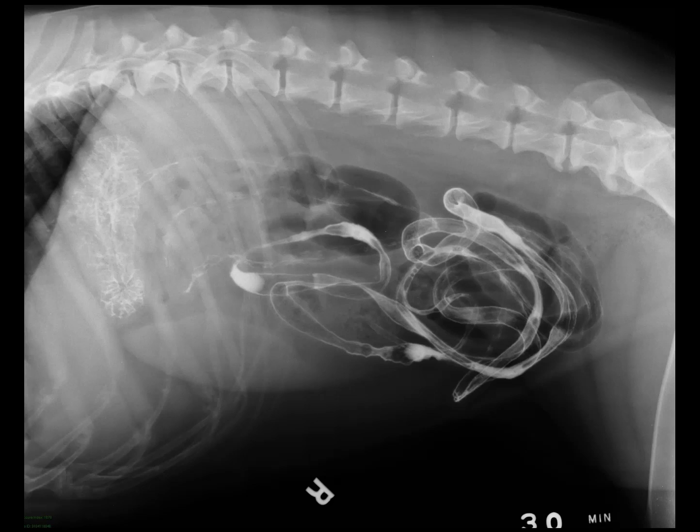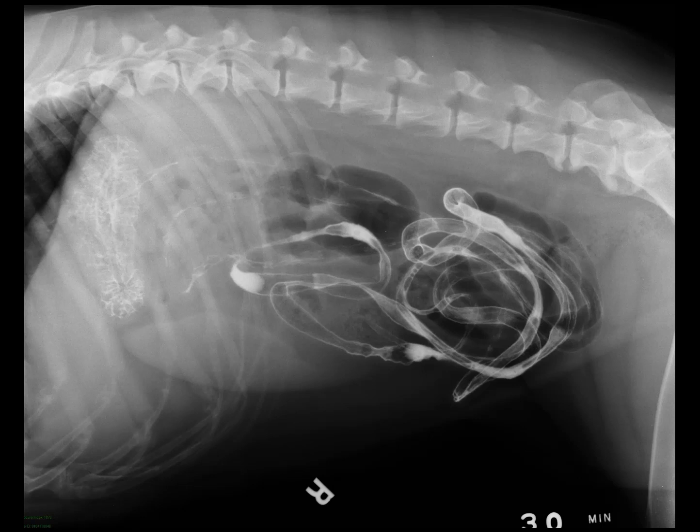This was a not very good case of an upper GI series in a vomiting dog. Here you can see we're at 30 minutes. There's no contrast medium in the stomach. It's not particularly distended, but there's also not very much contrast medium in the small intestine. There really just wasn't enough contrast overall, and that could have been that we didn't give enough, but we're usually better than that.